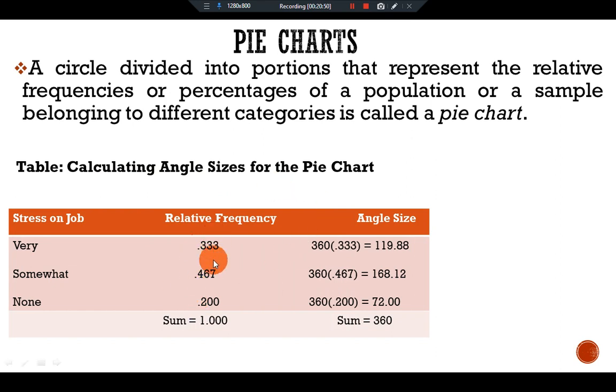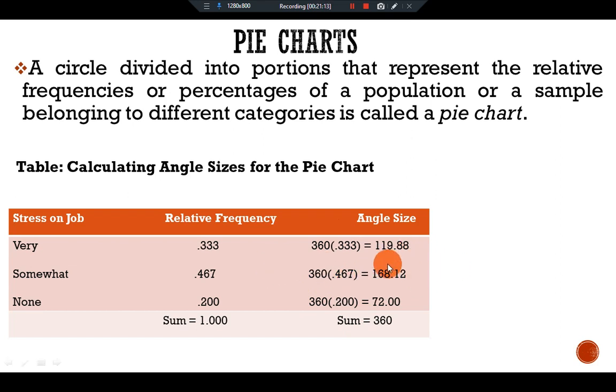So here we have the relative frequencies, and we are multiplying each by the whole circle, 360 degrees, to obtain the measure of the angle for each corresponding category.